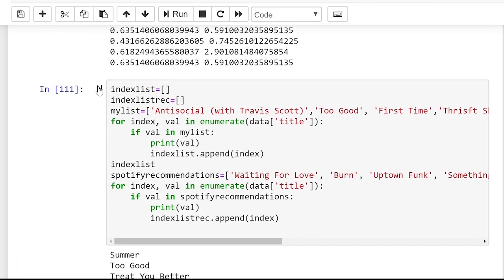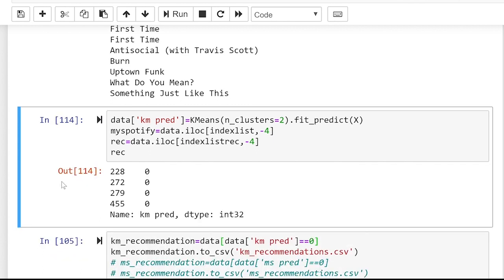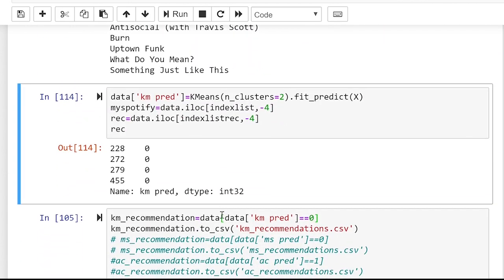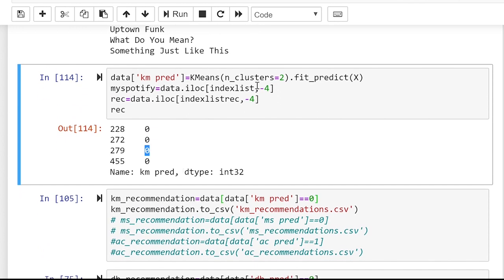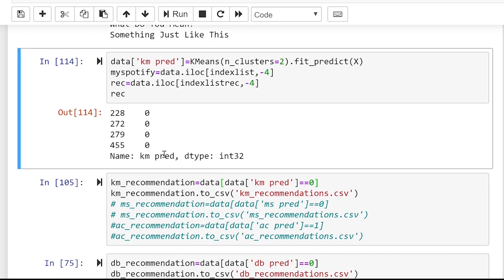Okay, I didn't run this. Let's run this. If all is 0, that's what we want to see. Spotify gives me recommendations from exactly the same cluster we created with k-means and number of clusters 2. The Spotify recommendation algorithm looks complex, but even with k-means we can capture it.